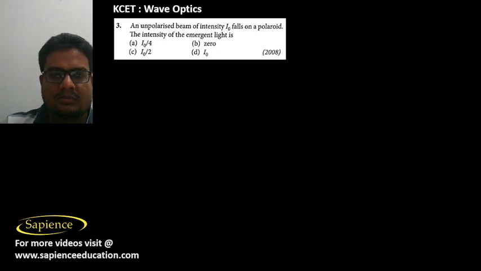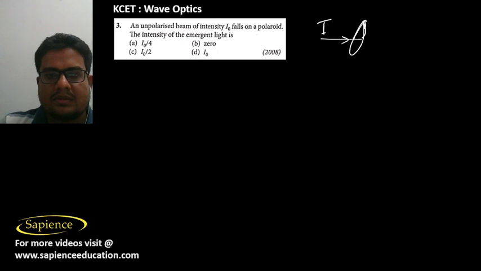Then in question number 3 it is told an unpolarized beam of intensity I0 falls on a Polaroid. The intensity of the emergent beam is how much?